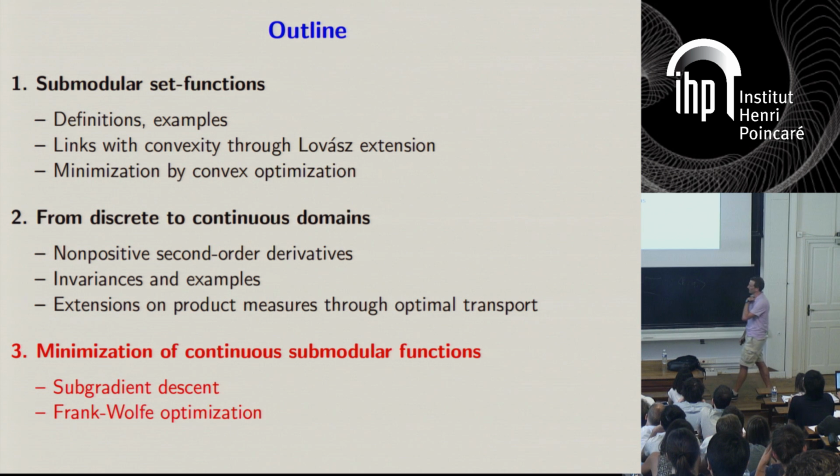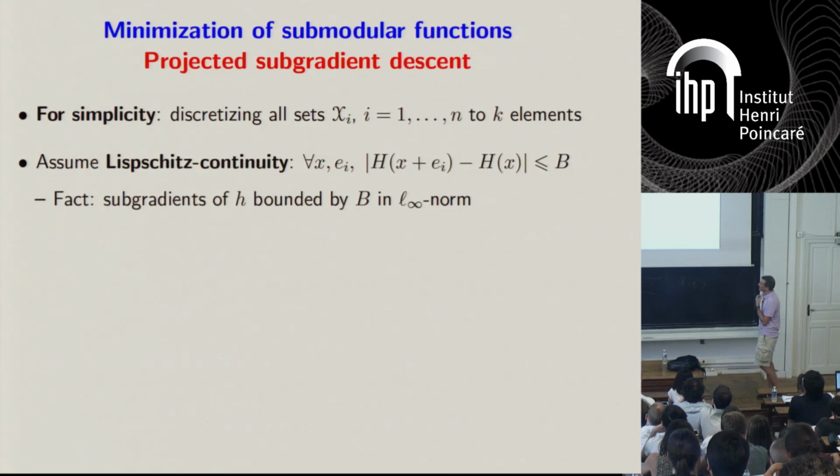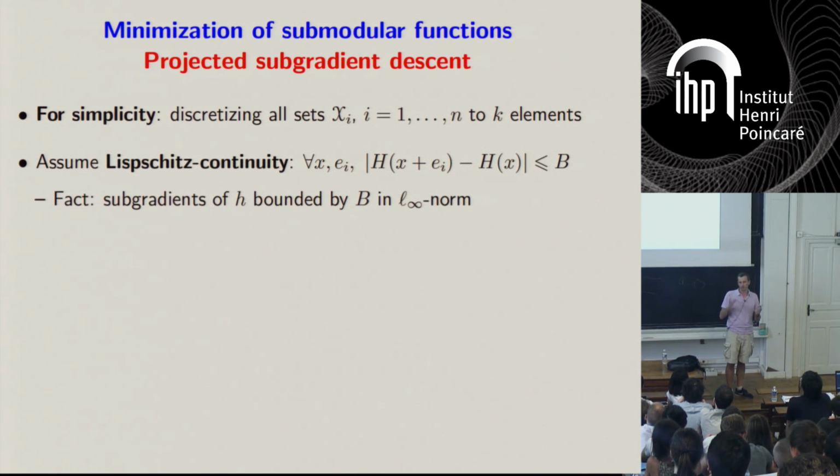All right, so let's look now, for the last 5 minutes, at how I can minimize the functions. This is rather obvious. First, I will discretize the sets for simplicity, and this is the most efficient algorithm so far. Here, it is not discretizing the full cube. I'm taking a product of intervals, and I'm considering an exponential number of points.